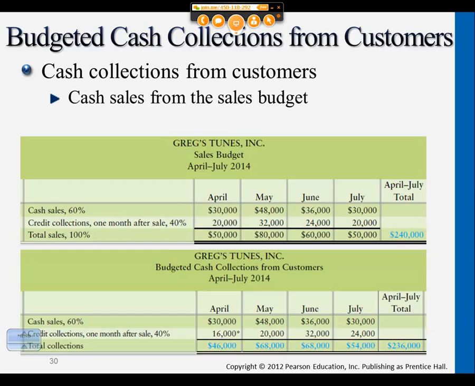Why is my sales budget 240 and I'm predicting that the cash collection from customers is 236? What's your intuition here? Hypothesize. Make it up.